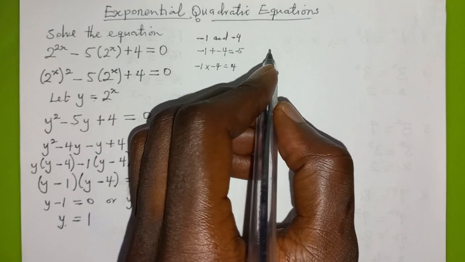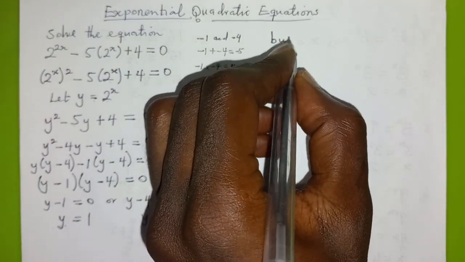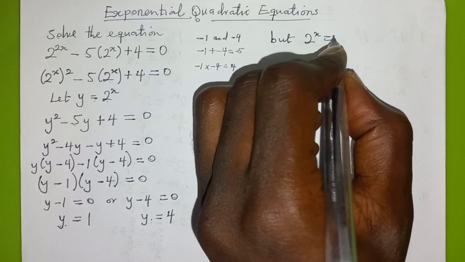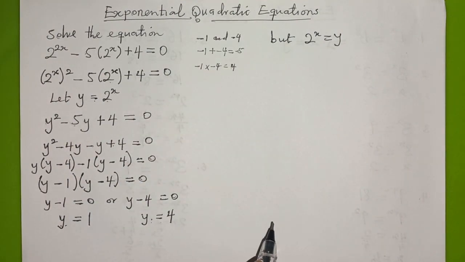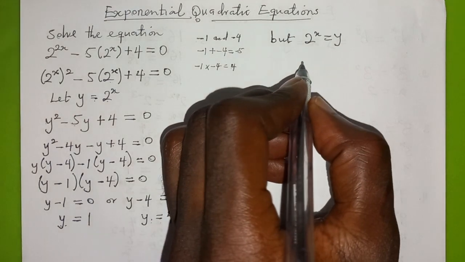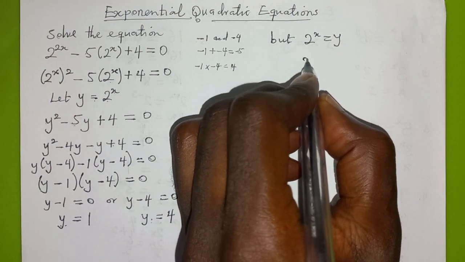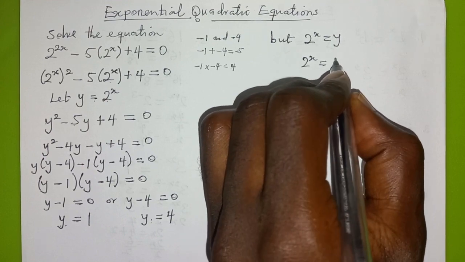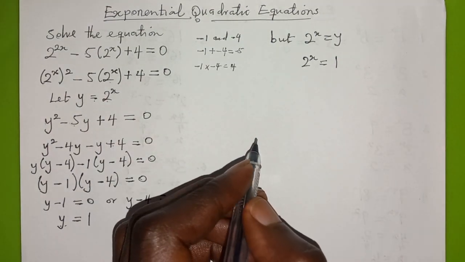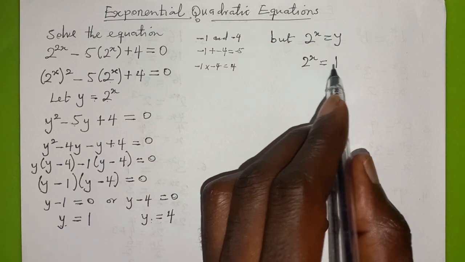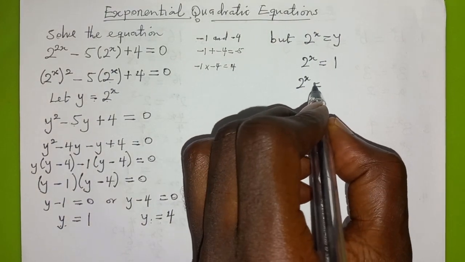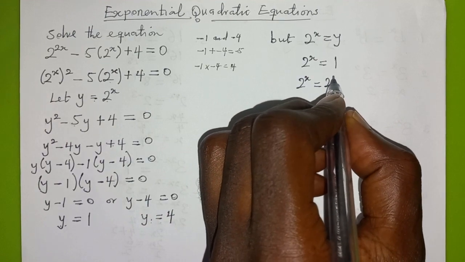So this is what we are going to do, but 2 raised to the power x is equal to y. So wherever we see y, we'll replace it. So this would become 2 raised to the power x is equal to 1. We all know that I can re-express this as 2 raised to the power x is equal to 2 raised to the power 0.